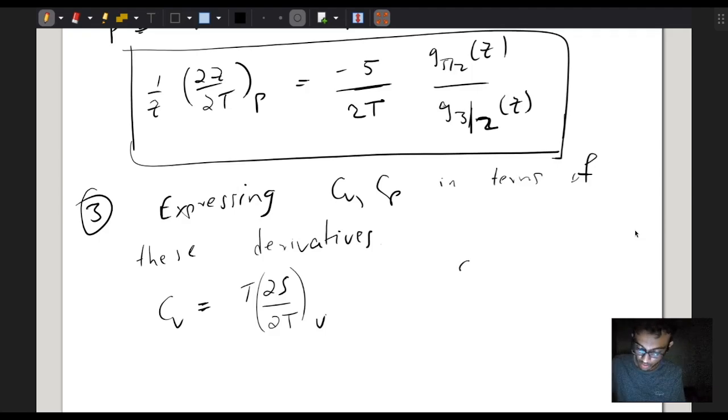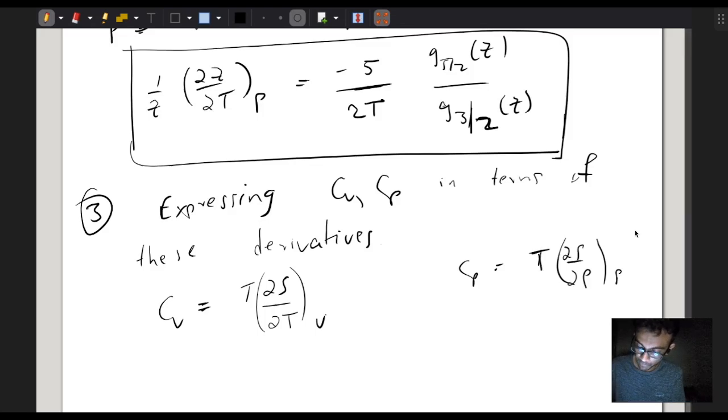And CP is T dou S by dou T at constant pressure.